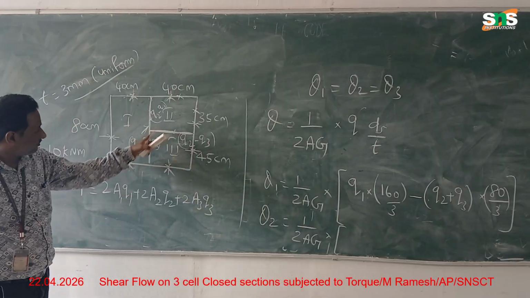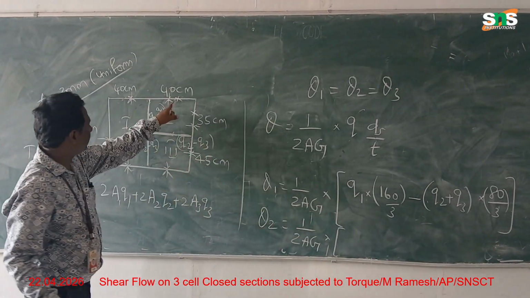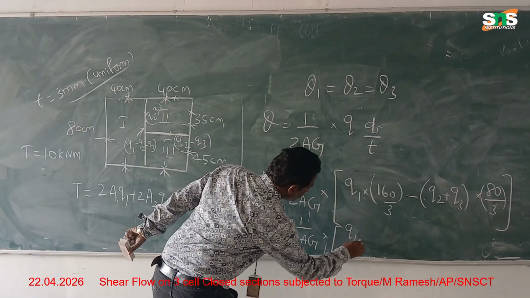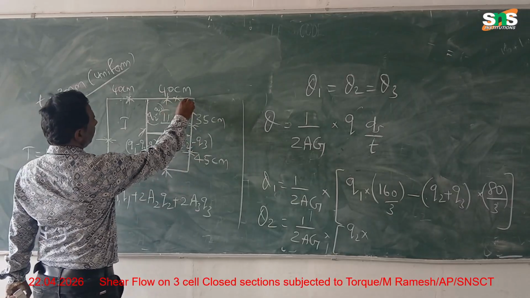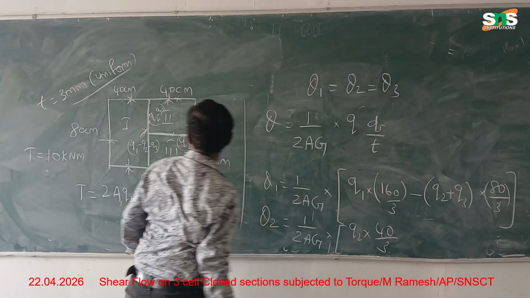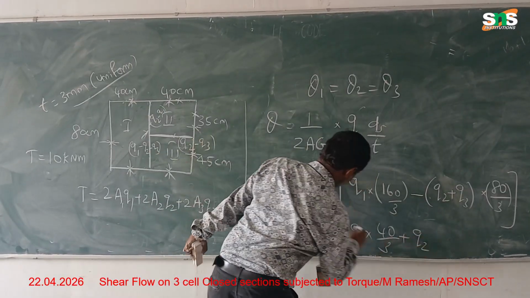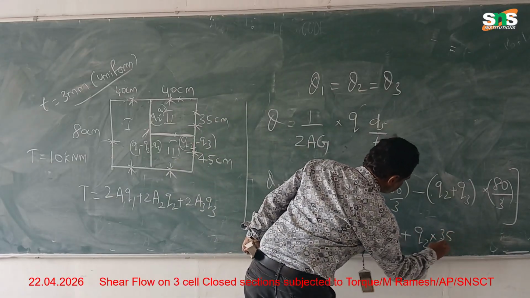Now the main thing is Q. Taking this as Q2: Q2 into 40 by 3, and here also Q2 into 35 by 3.